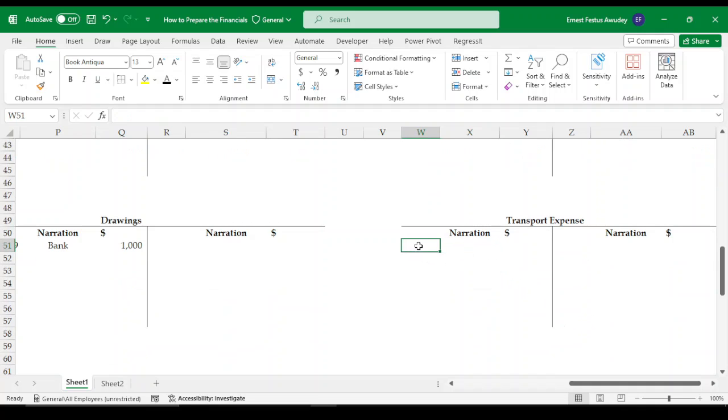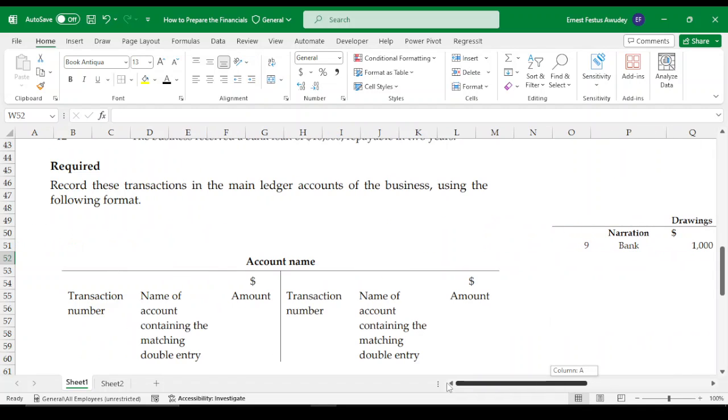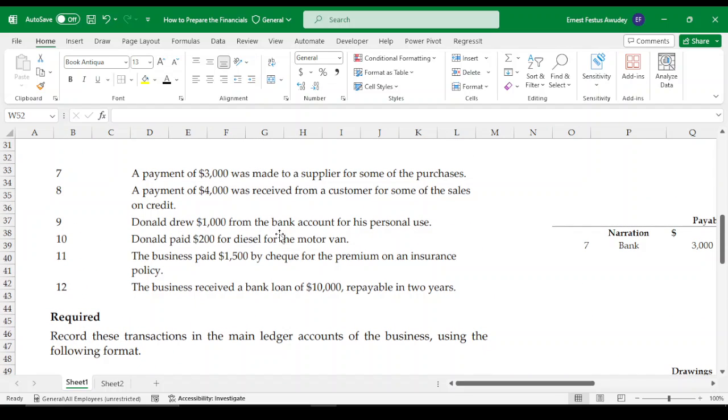So I'll come here and write my 10, and I'm going to have the narration. We have paid 200. We are going to assume that we are paying it using the bank account. Therefore, I'll have my bank, and the amount involved is 200. Again, we are assuming that the transaction took place using check.